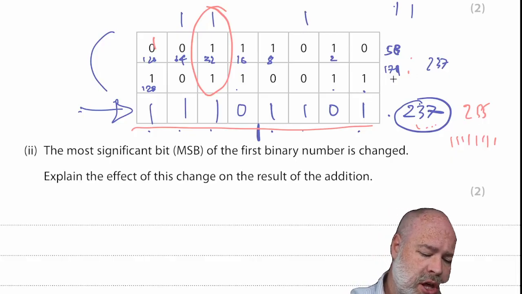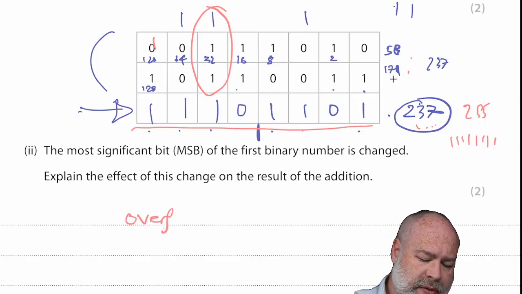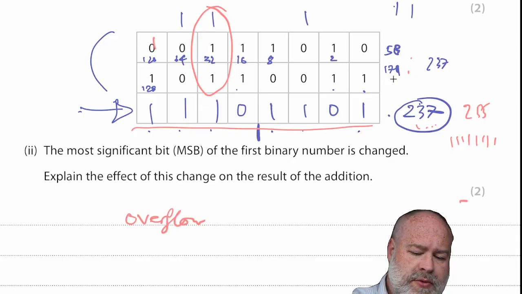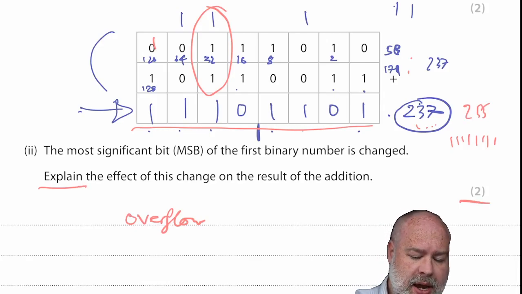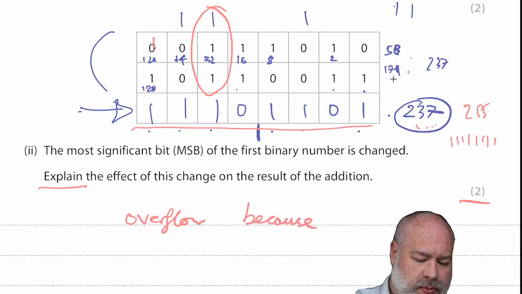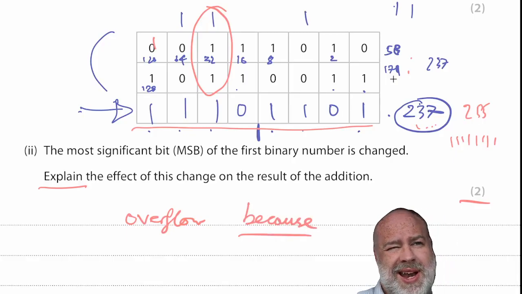So you need to use words like overflow. And when you've got 2 marks, you want to have a linked explanation. So it does say explain, and use words like because. That's your go-to linking word.